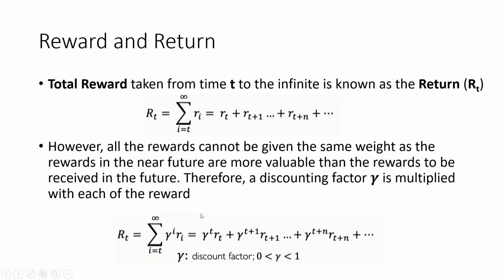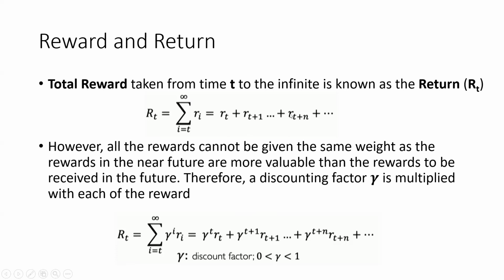You can't directly add the returns that you expect in the future because the future is not certain. Our process may continue until the end of time, but there's a risk that it may finish after some time.